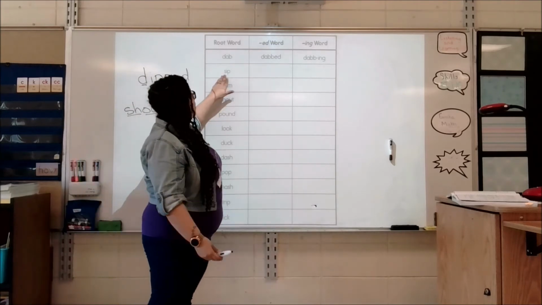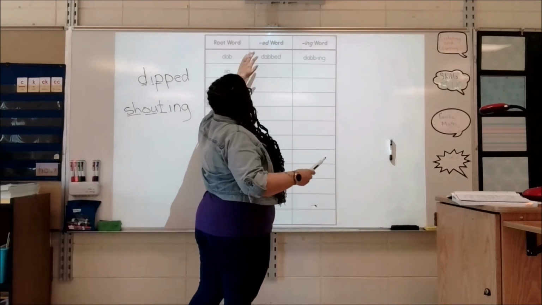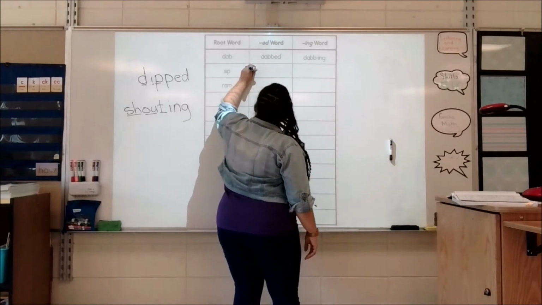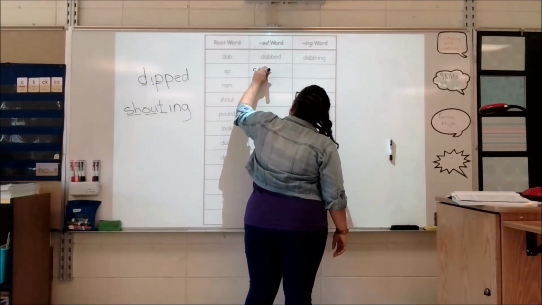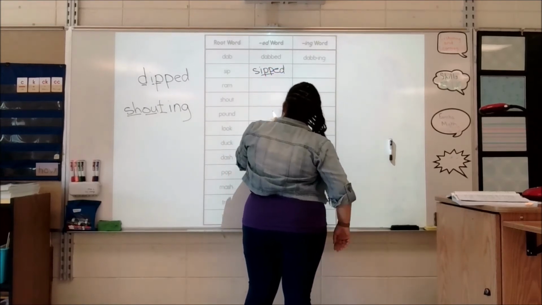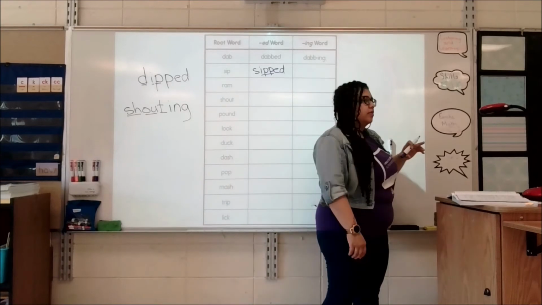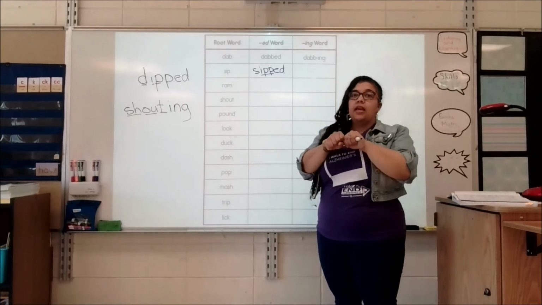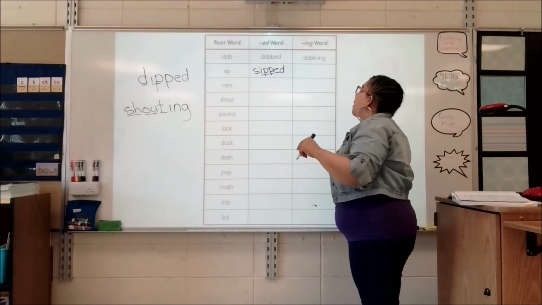Yes. So sip plus ed, sip-ed, well, we don't pronounce it like that. Sip needs the double letter p spelling, double letter p for the p sound. So sip plus ing, sipping.